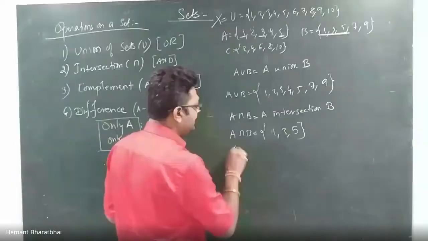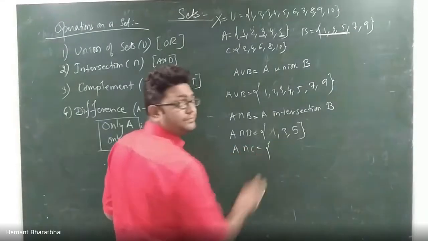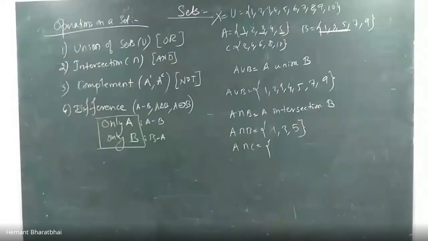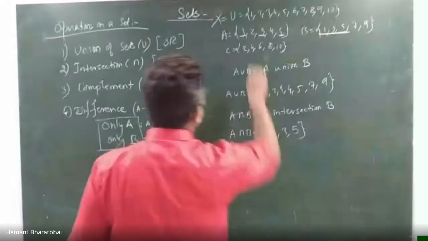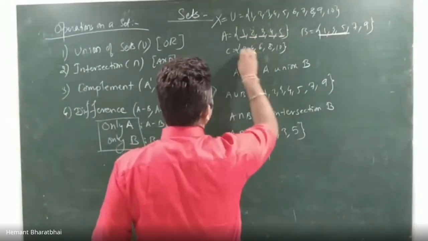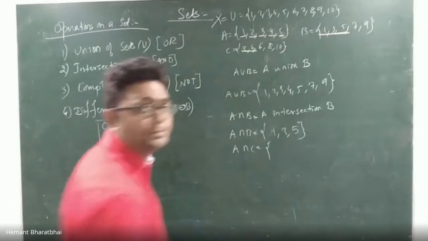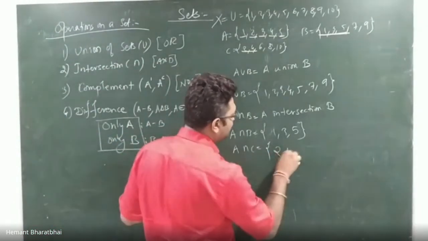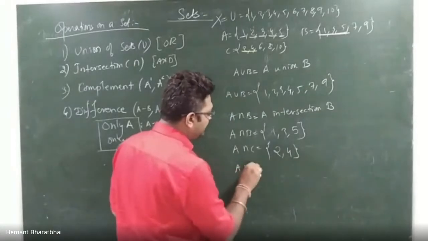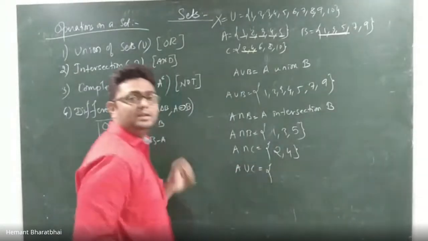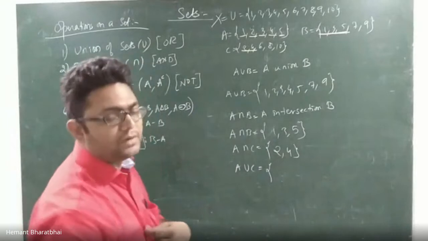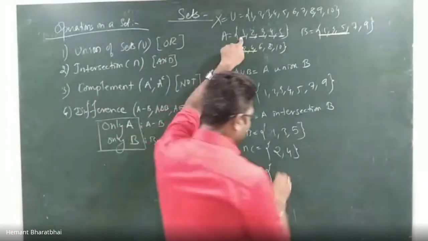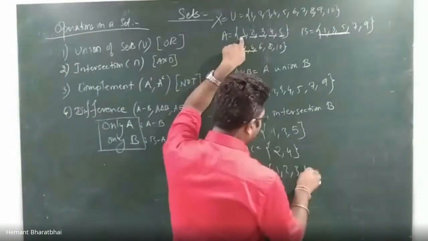Similarly, if I write A intersection C, then you can see which are the common elements. 2 and 4 is there here, 2 and 4 is there here also. So your A intersection C will be nothing but 2 comma 4. If I write A union C, then you have to write elements of A as well as elements of C. So elements of A are 1, 2, 3, 4, 5.